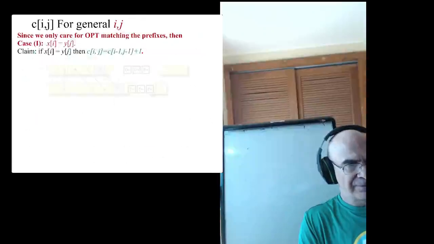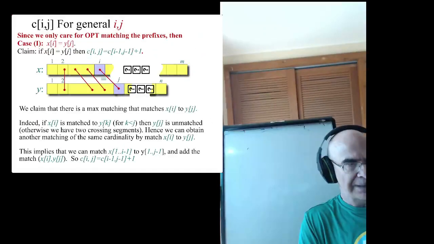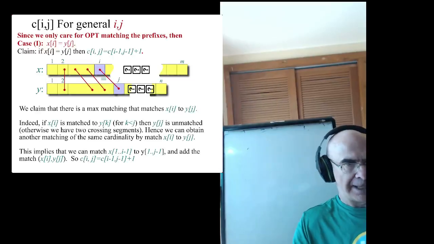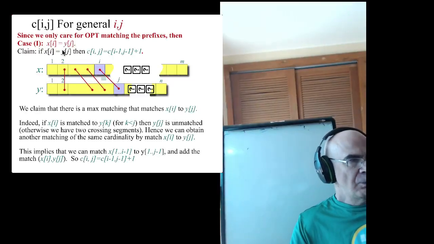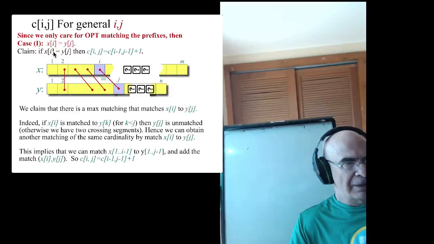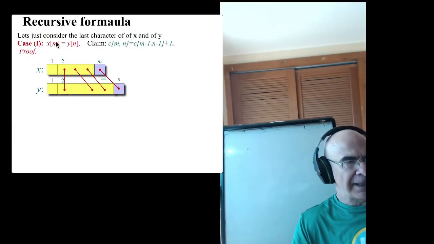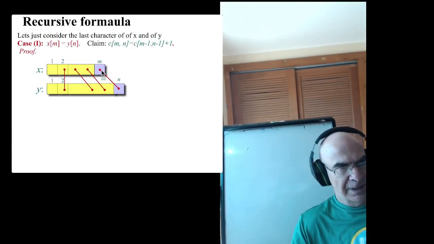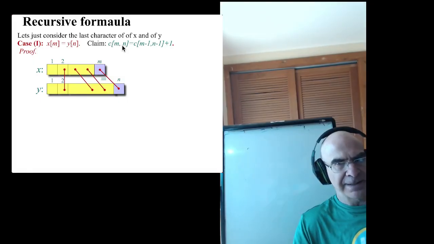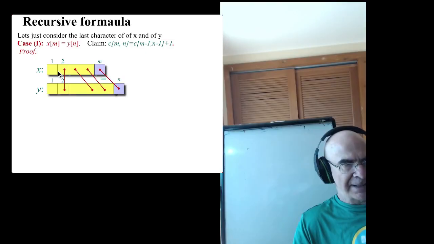And just before the end, before the midterm, we discovered that if the last character of X fits the last character of Y, then the optimum length of the LCS of the whole sequence of X and the whole sequence of Y is just the maximum matching that I can find when I drop the last vertex.